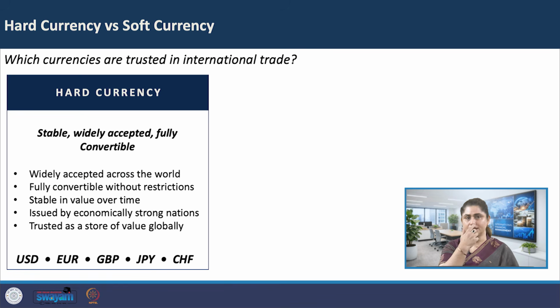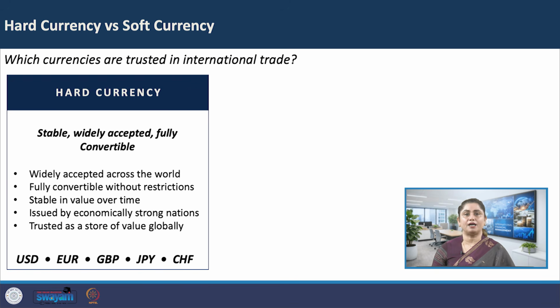Now let us talk about hard currency and soft currency. A hard currency is a currency that is widely accepted across the world. It is fully convertible, is stable in value, and is issued by a country with a strong, credible economy and political system.